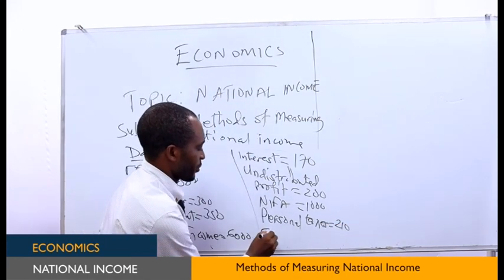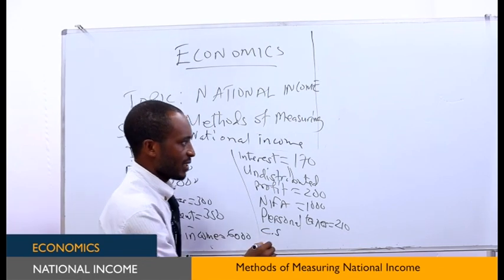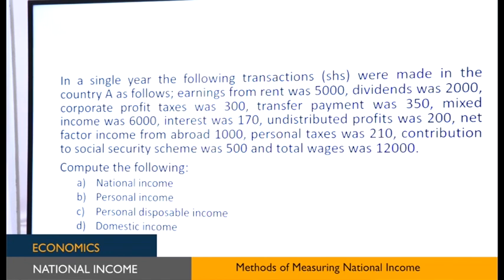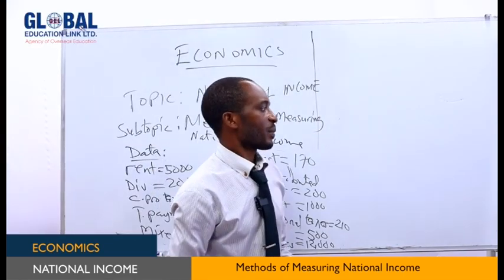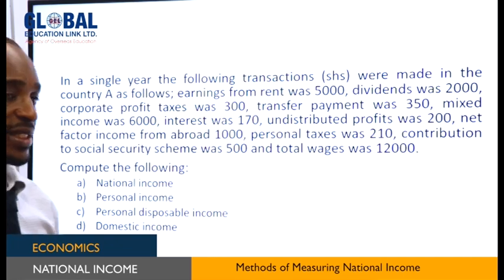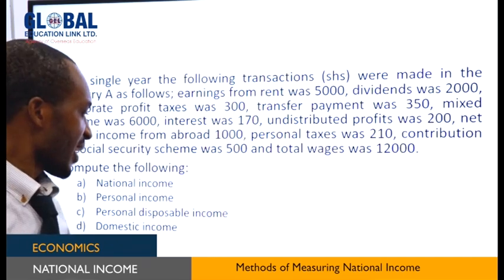Then contribution to social security scheme, which is 500, and wages equals 12,000. Now our question is to compute the following: national income, personal disposable income, and domestic income.